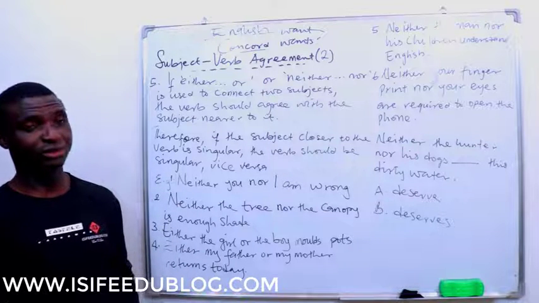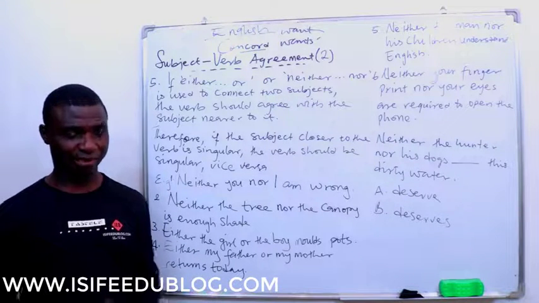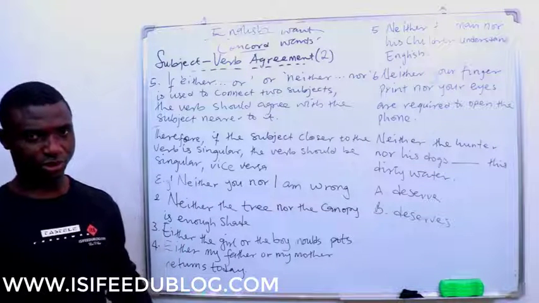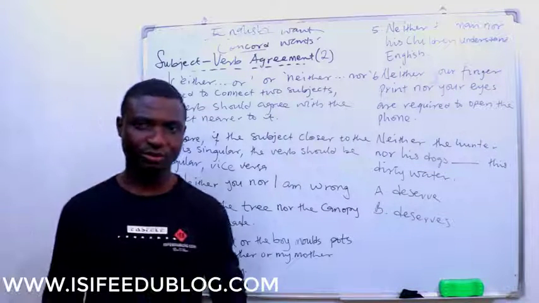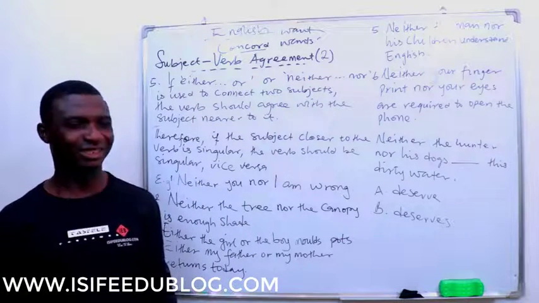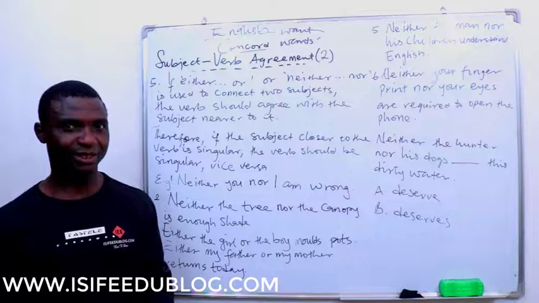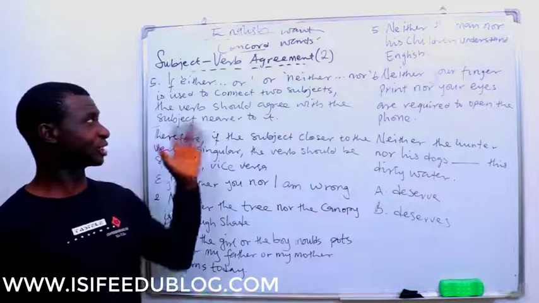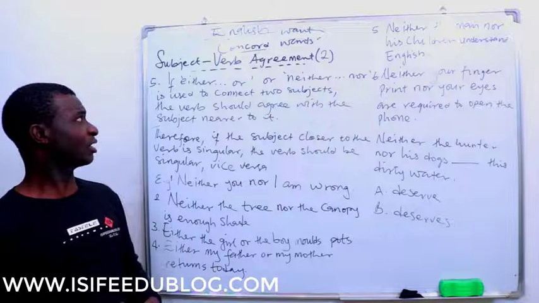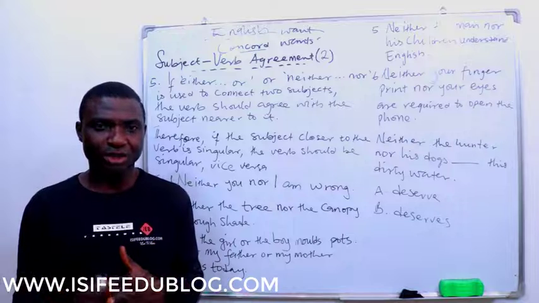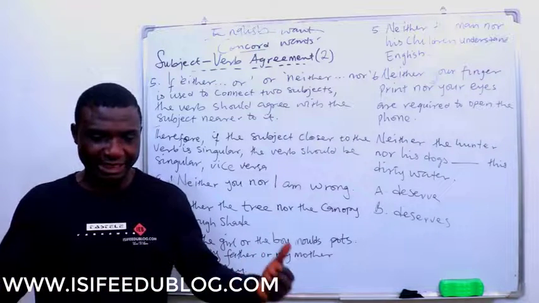Either...or and neither...nor are correlative conjunctions. The duty is to connect two subjects, but not to join them. This is one dicey thing. The correlative conjunctions do not join subjects, but they connect them.